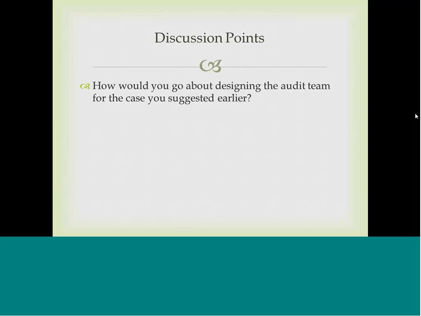So take the example that you suggested at the end of the last section in this lecture, and just speculate on who you would need to have on your team. Okay? I guess I would also ask you whether you think this is a one-person or a multi-person team effort.